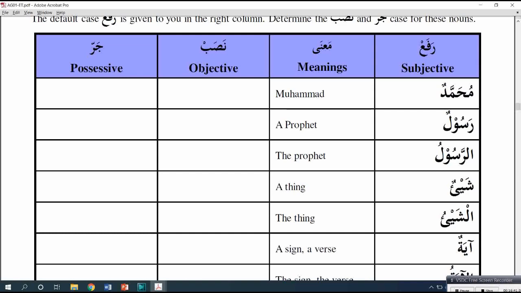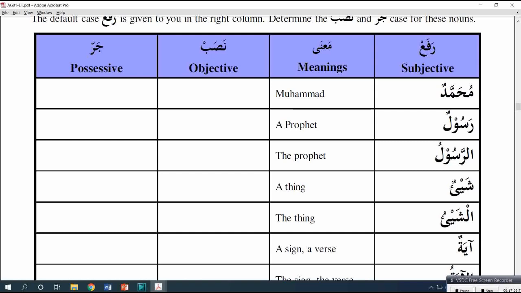Like the word Muhammadun. If it is objective, what will happen? Objective will be Muhammadan and possessive will be Muhammadin. Similarly, Rasulun, in objective it will become Rasulan.